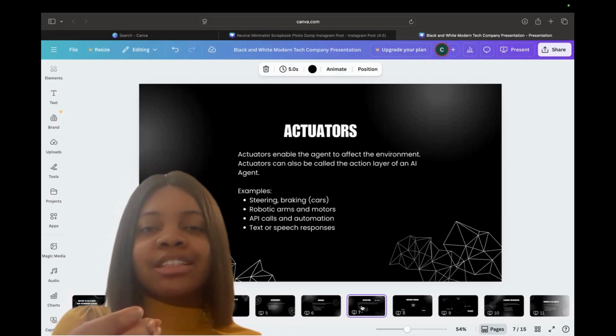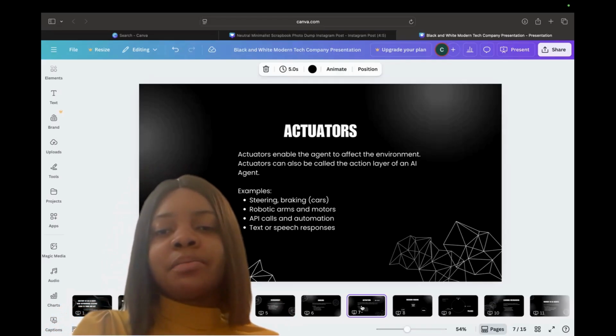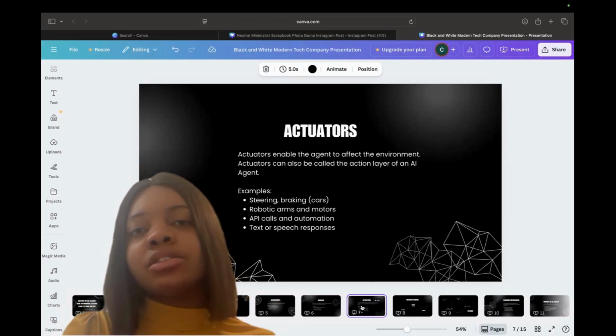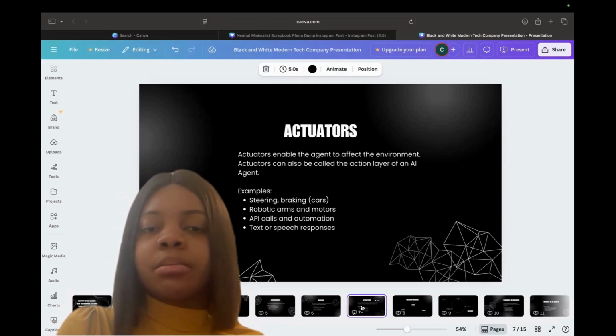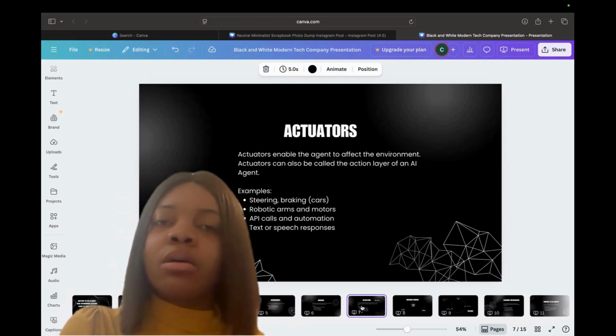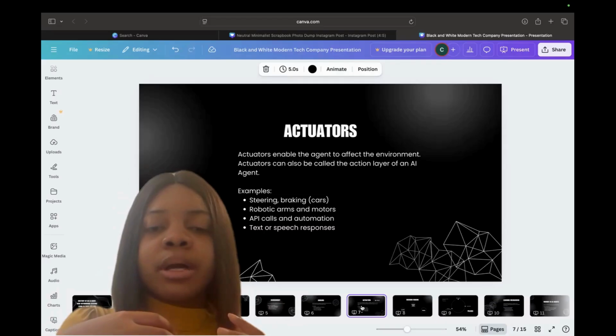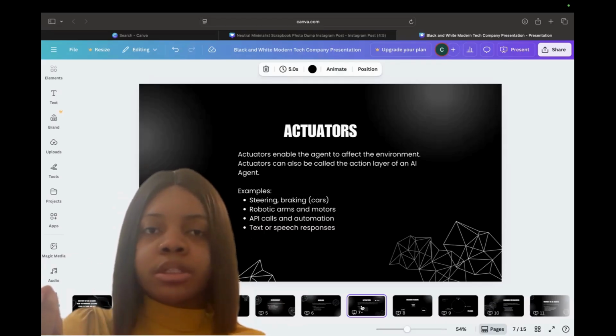So the actuators are the components that enable the agent to affect the environment. You're talking about steering wheels and braking cars. You're talking about API calls and automation. You're talking about text and speech responses.